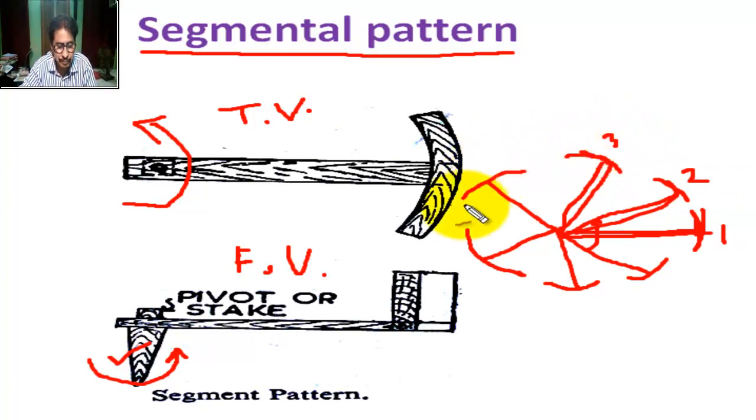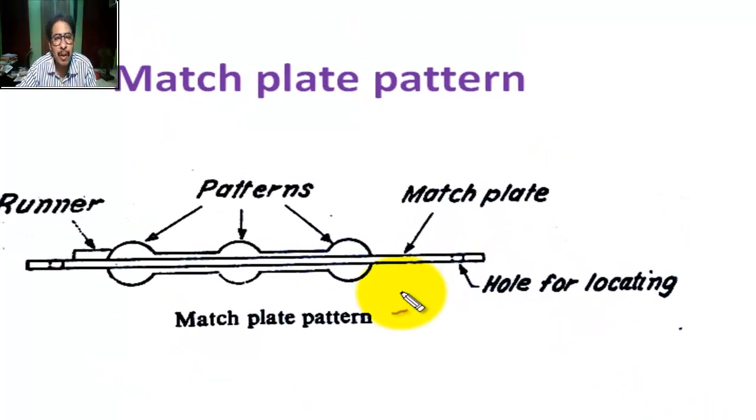Next, this is the third position. In this way, the segment is moved to the next position. The operation is repeated till the complete mold is ready. Okay.